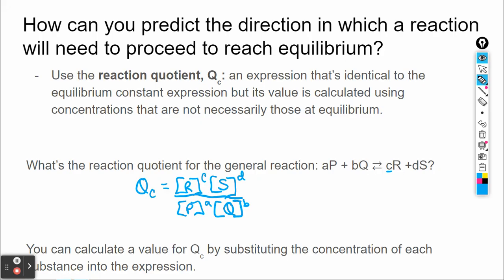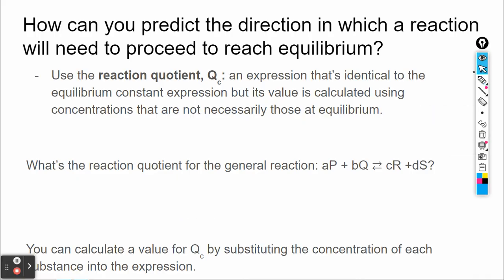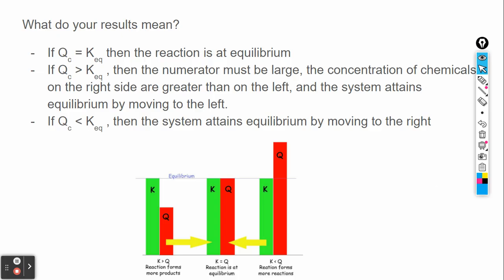So once you calculate the value for QC by substituting in the concentration of each substance into this expression, if your QC is equal to your equilibrium constant, then you know for sure that the reaction is exactly at equilibrium.